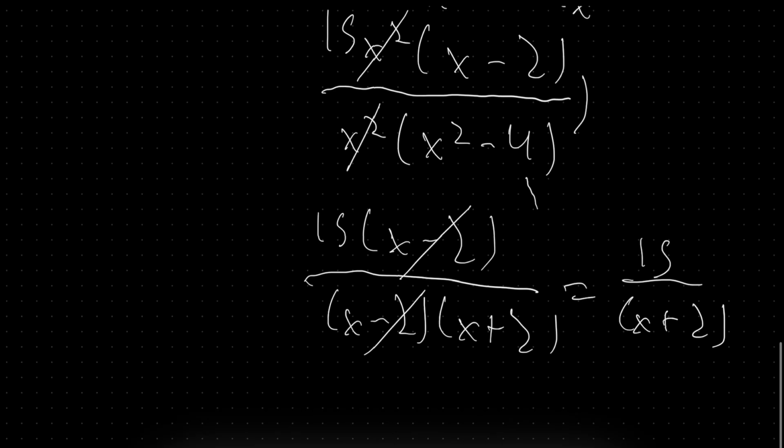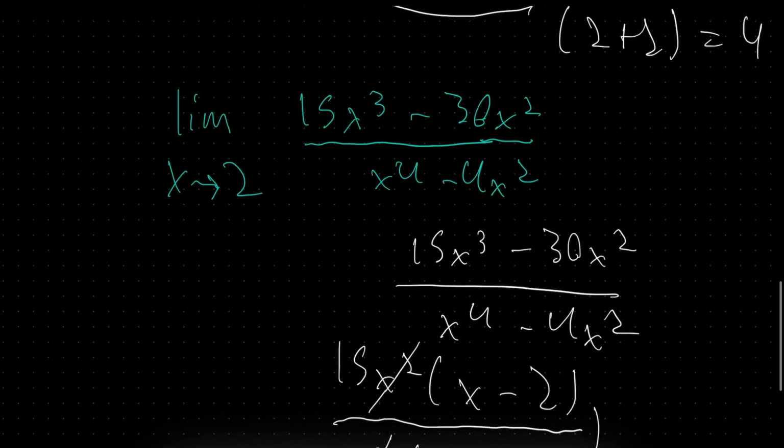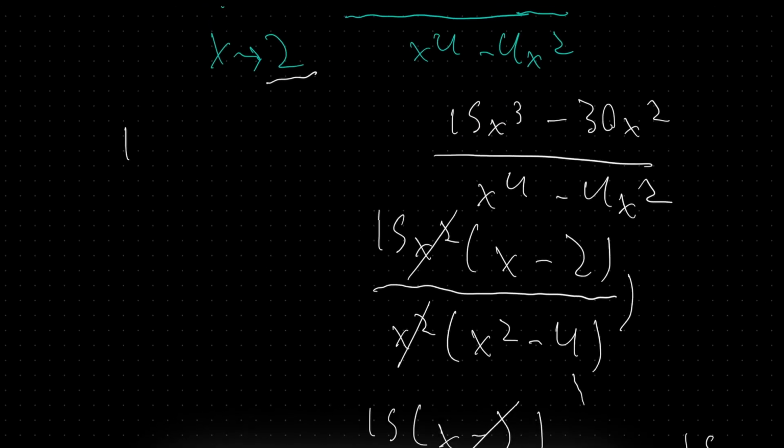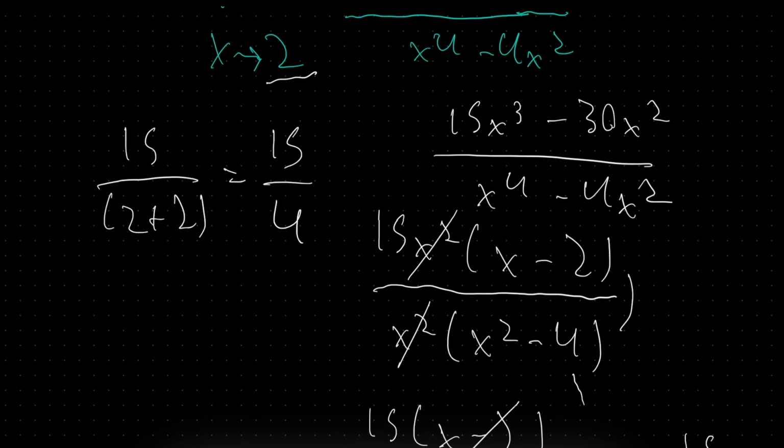Coming back to our original limit, we were seeing what happens as we approach the value 2. So if we sub in 2 into this expression, we get 15 over 4.